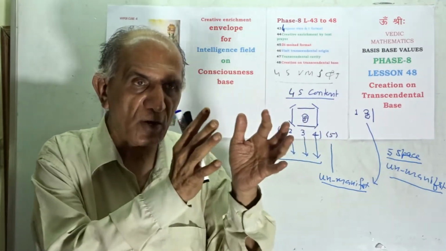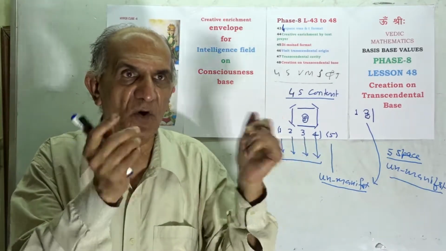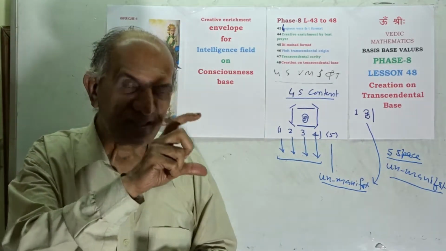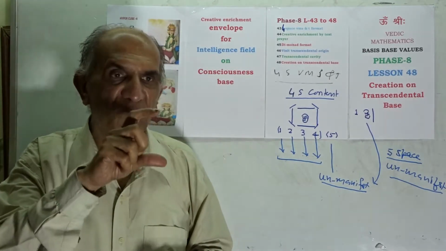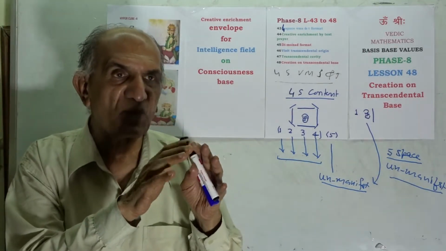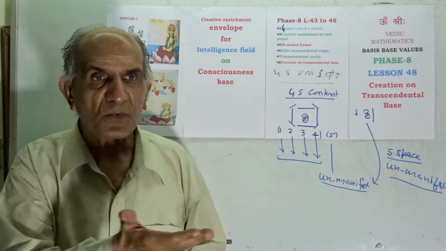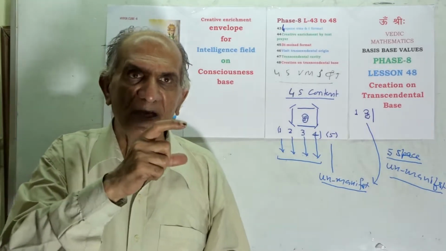So these quadruple folds come in the manifested form, but this manifested existence is happening because of another fifth fold, a base fold, which remains unmanifest.